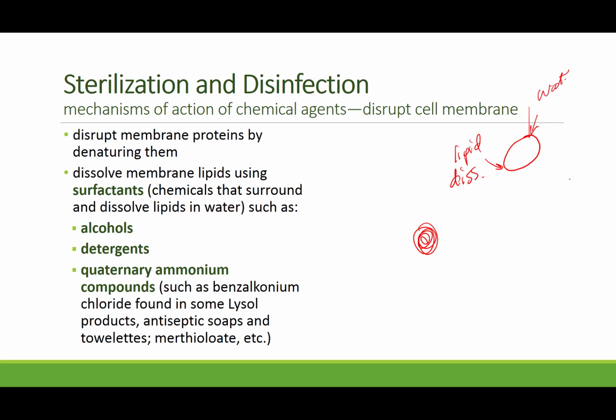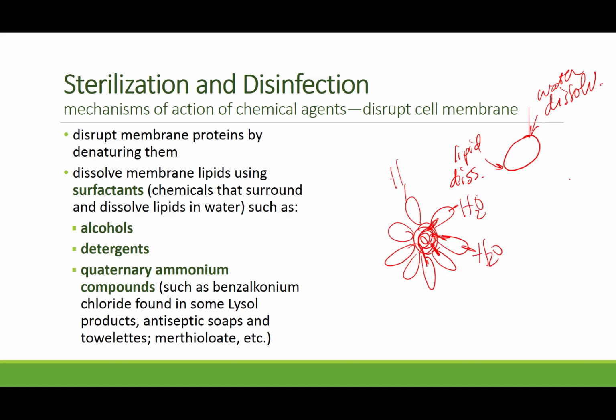So this is water dissolving. And so we can surround our lipid with these surfactant molecules. The lipid dissolving end interacts with the lipids, and the water dissolving end will interact with the water molecules that are all around in the fluids.